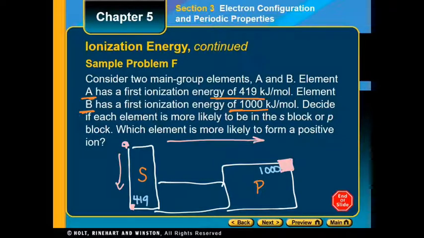Everything here is written down, so I have gone through, made up the periodic table. I have labeled the S and P block. I did my large box and my small box with the respective numbers based on the ionization energy trends, and it's asking me which element is more likely to form a positive ion.